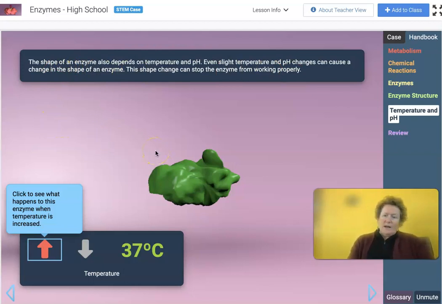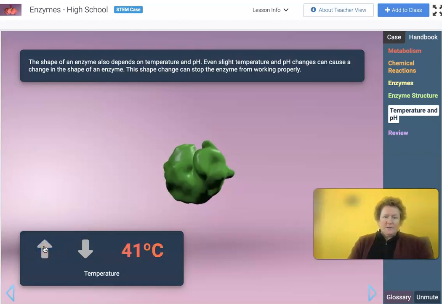Enzymes are kind of like rock stars or opera singers or celebrities. They won't work unless things are just right. It has to be just the right temperature and just the right pH. pH is how acidic or basic something is. So if we increase the temperature, the enzyme changes shape and it won't work.